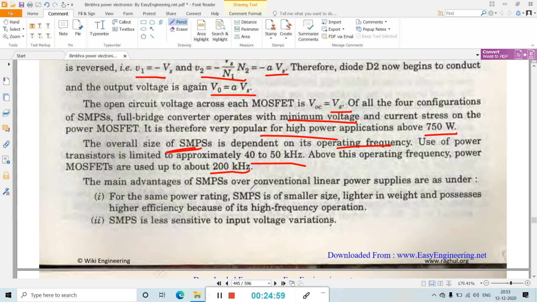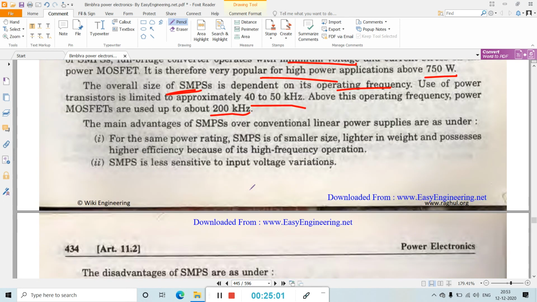So the main advantages of SMPS over conventional linear power supply are, for the same power rating, SMPS is of smaller size, lighter in weight and possesses higher efficiency because of its high frequency operation. SMPS is less sensitive to input voltage variations.